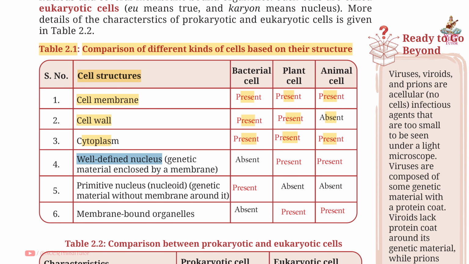Next, well-defined nucleus, genetic material enclosed by a membrane: bacterial cell absent, plant cell present, animal cell present. Next, primitive nucleus, nucleoid, genetic material without membrane around it: bacterial cell present, plant cell absent, animal cell absent. Next, membrane bound organelles: bacterial cell absent, plant cell present, animal cell present.